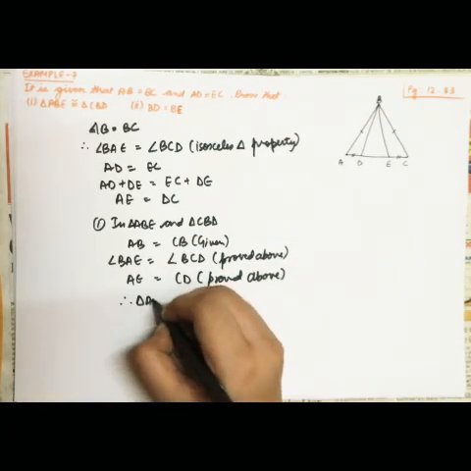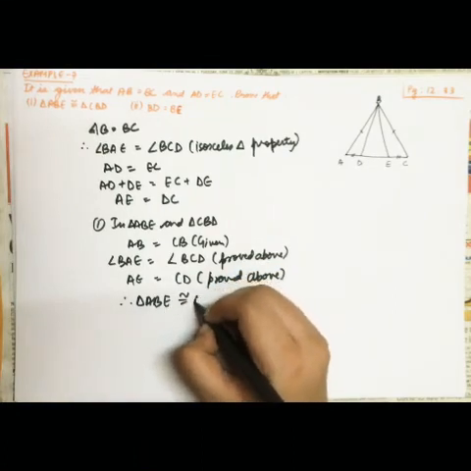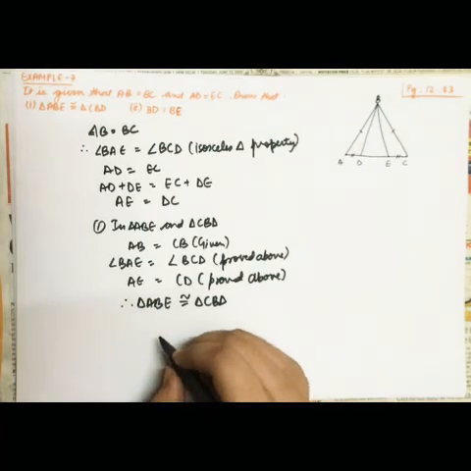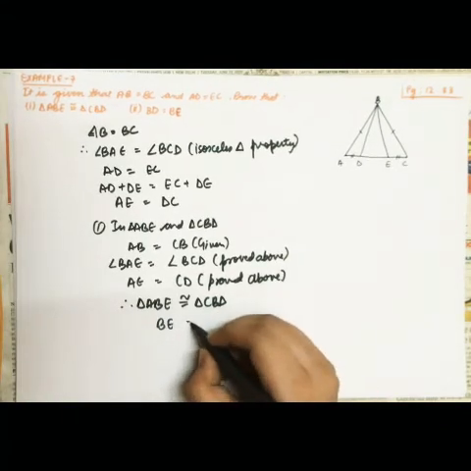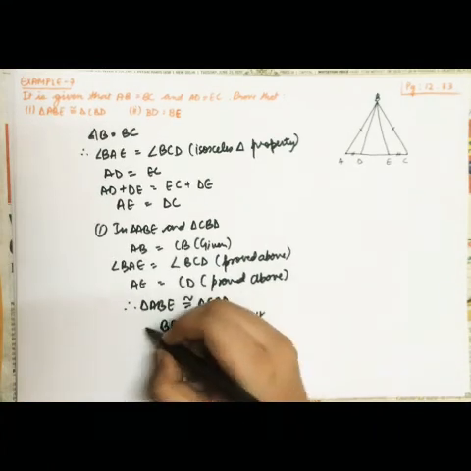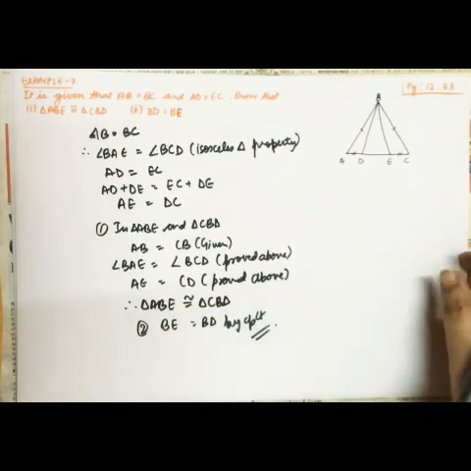Therefore triangle ABE is congruent to triangle CBD. Now we can say that BE is equal to BD by CPCT, hence proved.